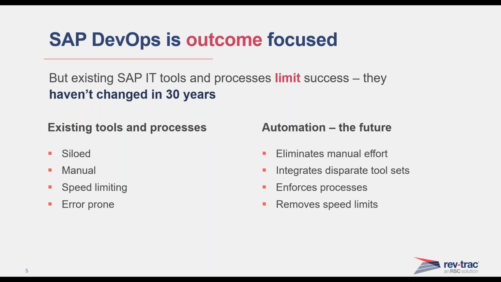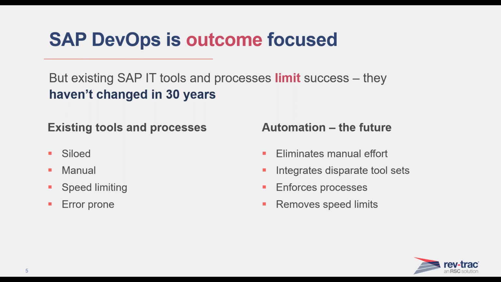And most customers we bump into that run SAP are still using the same things they used when SAP was first implemented. So these tools and these processes are siloed. They're essentially quite manual, which means they're speed limiting and error prone. And today, as things like DevOps and Agile and release management and rapid changes in the market come into play, this really limits what an SAP IT team can do and how they can react.